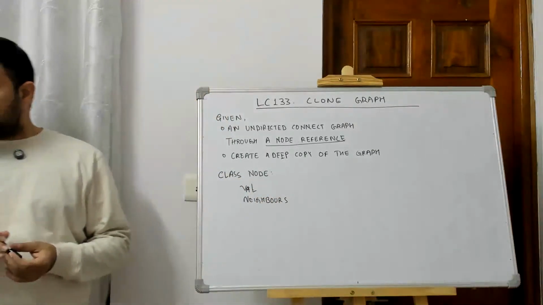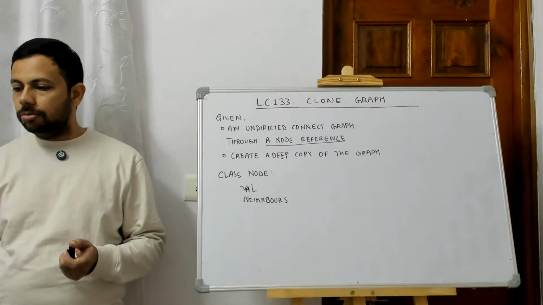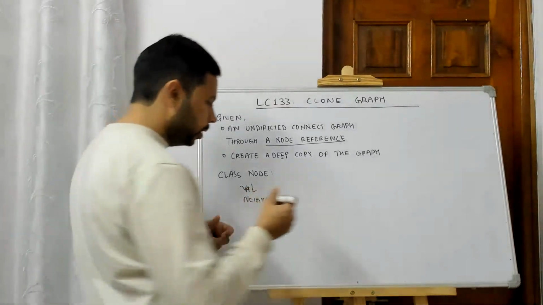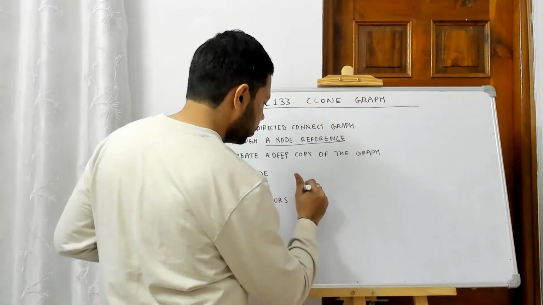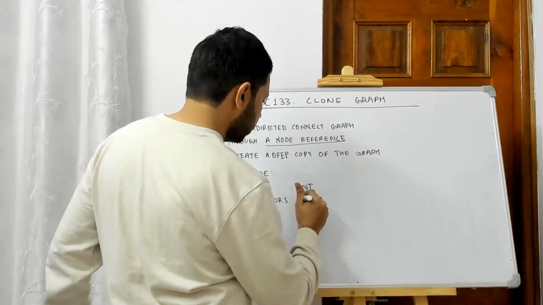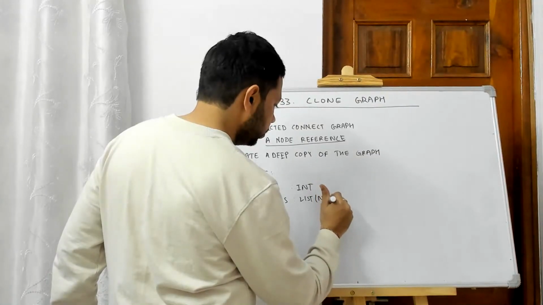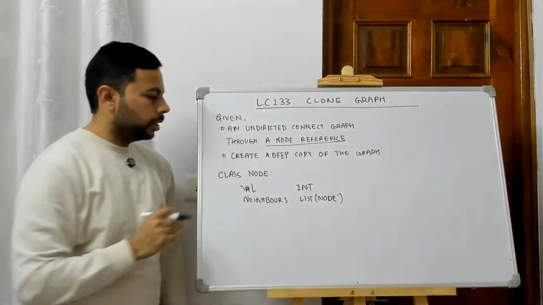And the neighbors list is a list of nodes. So this here is an int and this here is a list of node. How can you create a deep copy?